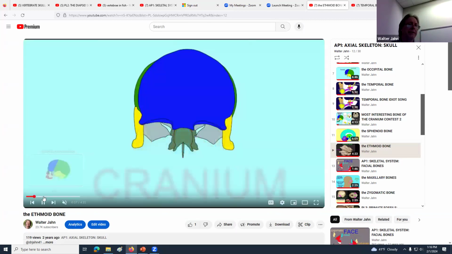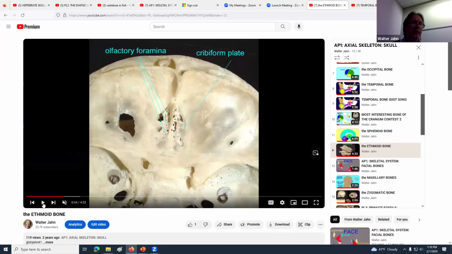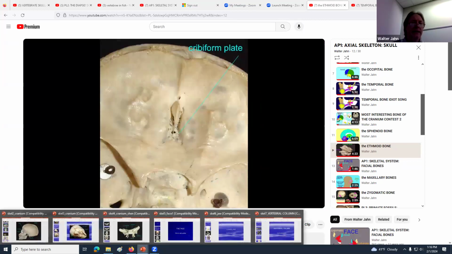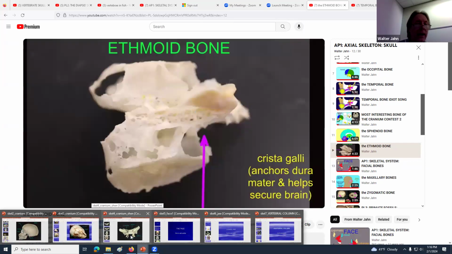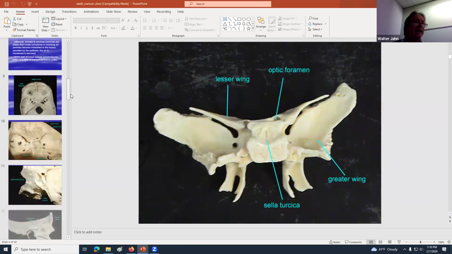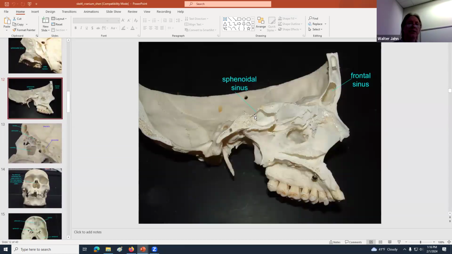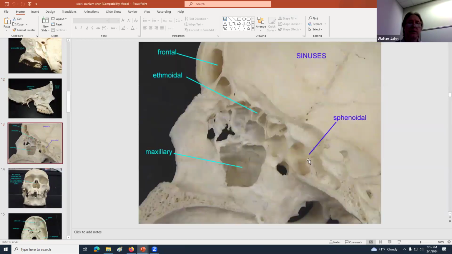So if I were to rip the face off in gray, I can see the sphenoid, and in front of it, I can see the ethmoid bone. It has a sinus, all right? So if you look here, notice here's the sphenoid area. Oh, there's a hole.